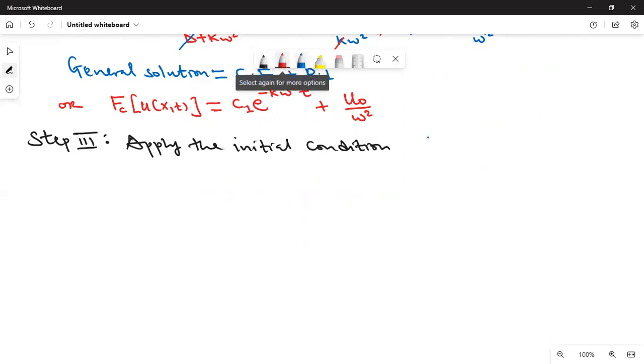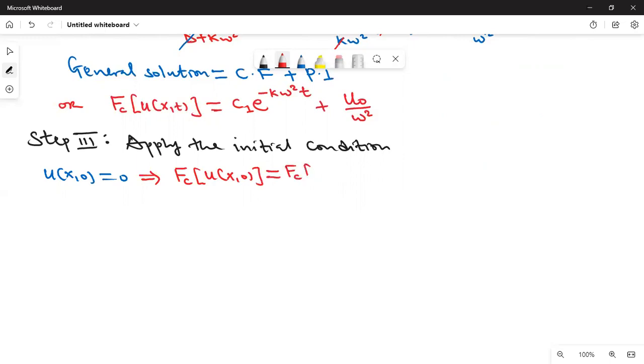That u of x,0 should be equal to 0. So you need to take the transform on both sides. So we write Fourier cosine transform of u of x,0 should be equal to the Fourier cosine transform of 0, which is equal to 0.